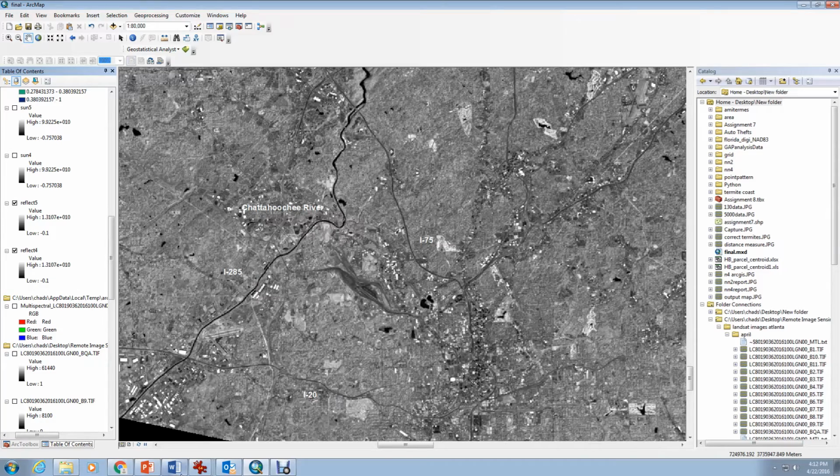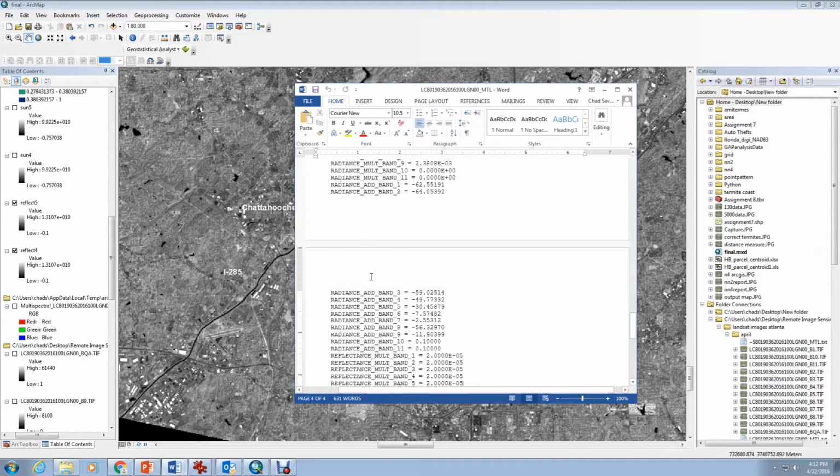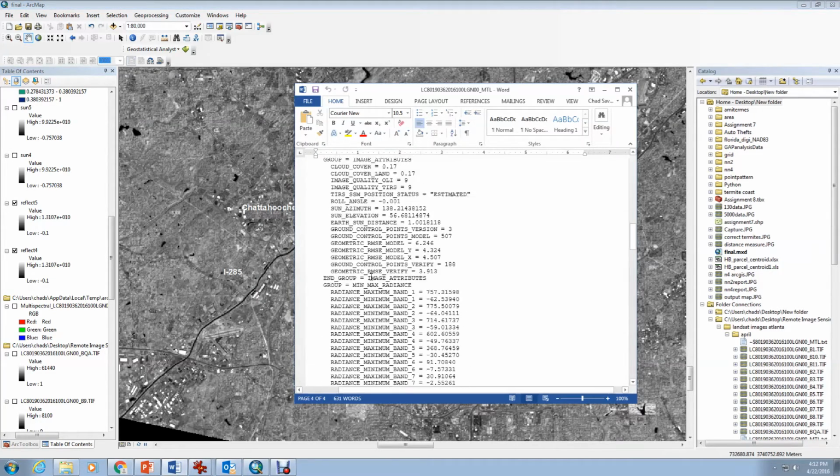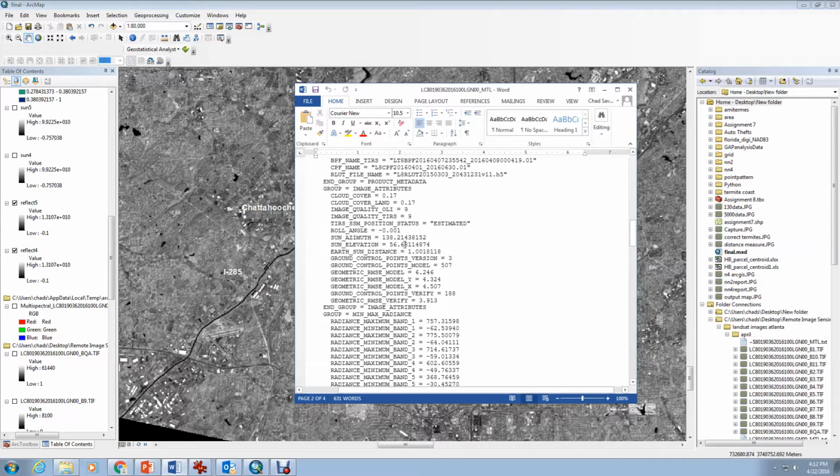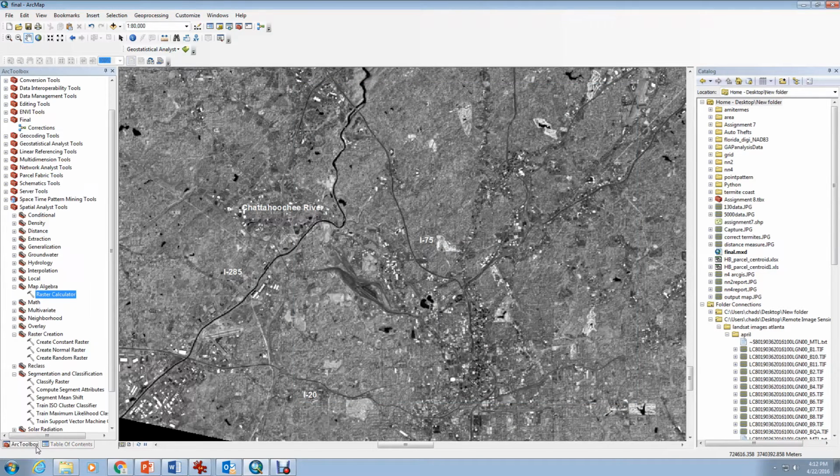And now we need to calculate for the sun elevation. Correct for that. So if we come up here, we'll find the sun elevation at this number here. I'm going to go ahead and copy that. And we're going to go back to our raster calculator.